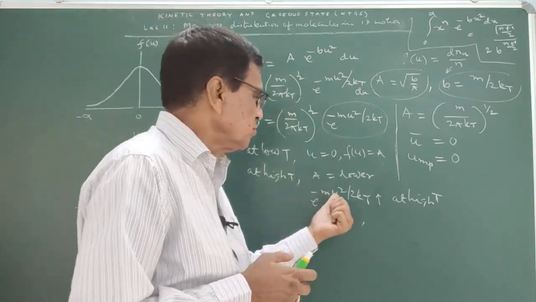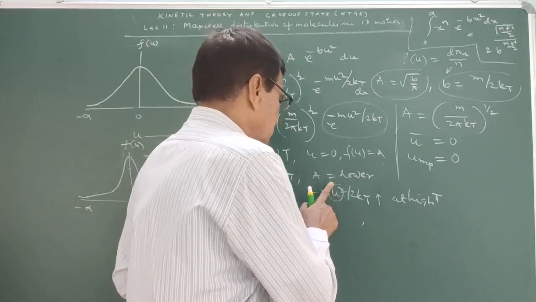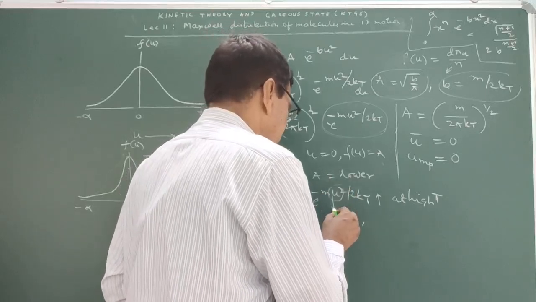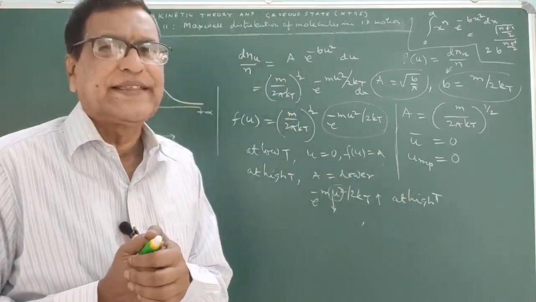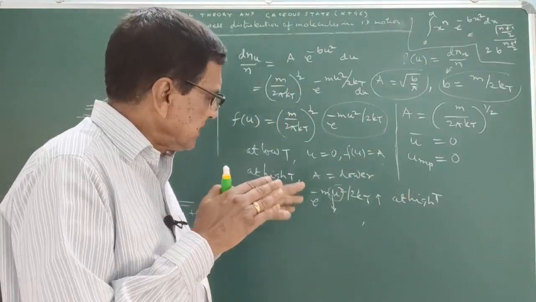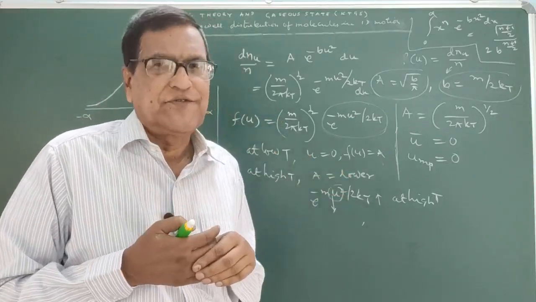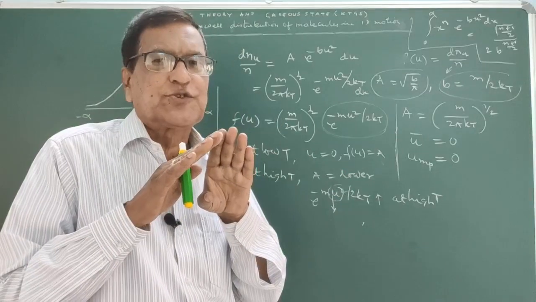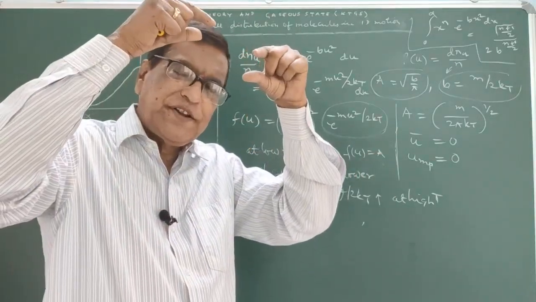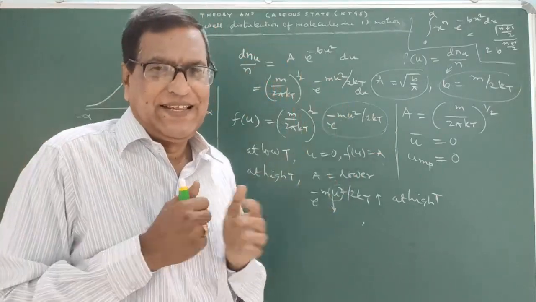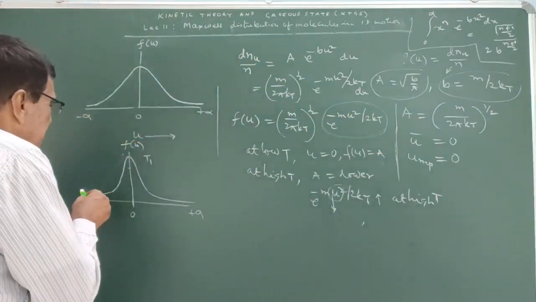So here are the two terms. This term is trying to decrease, and this term is trying to increase. So in this case, at high temperature, this fall of this curve becomes very gentle. Means it will be decreasing slowly.